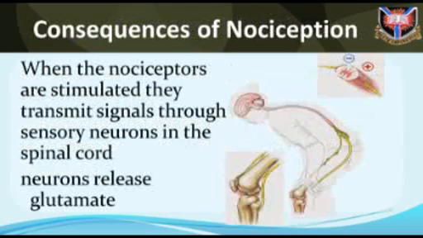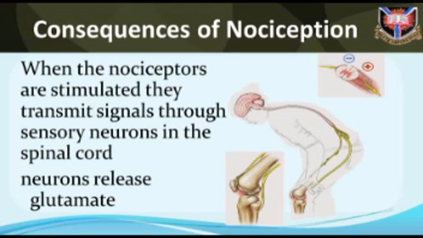Consequences of nociception. When the nociceptors are stimulated, they transmit signals through sensory neurons in the spinal cord. These neurons release glutamate, a major excitatory neurotransmitter that relays signals from one neuron to another.